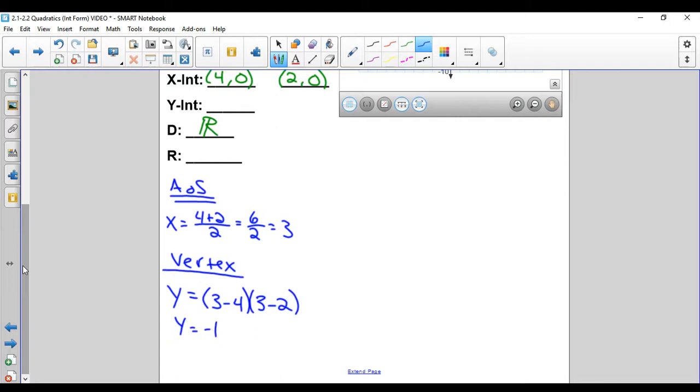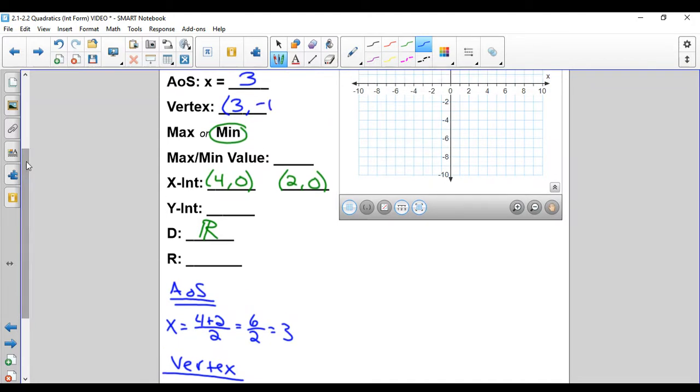We get negative 1 times 1, which just gets us negative 1. There's our vertex. That helps you to find your minimum value, which is negative 1, which in turn helps you find the range as well. So we have that.